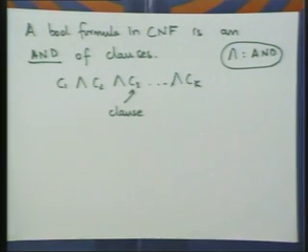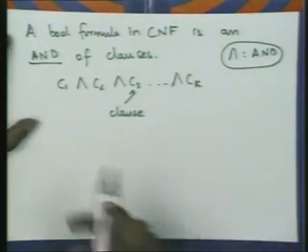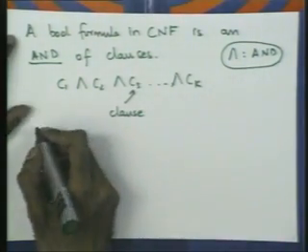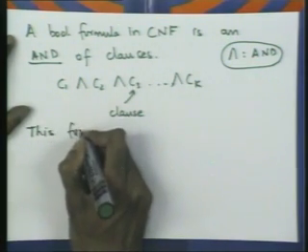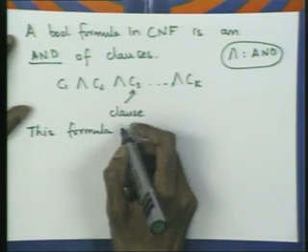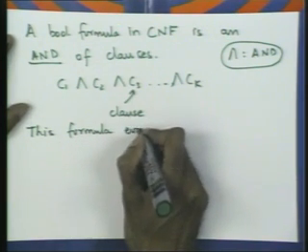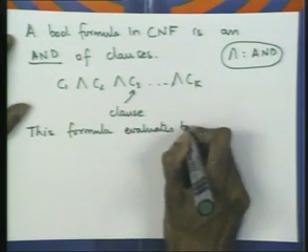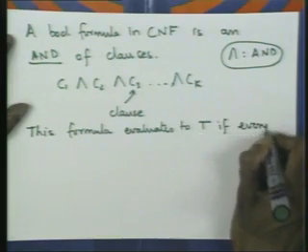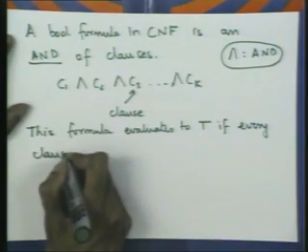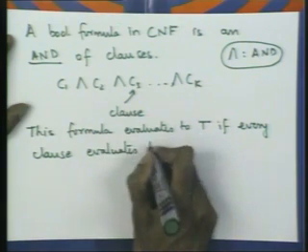Okay, so I just have to tell you the logical behavior of AND, which is again the usual thing. This formula is true, evaluates to true, if every clause evaluates to true.